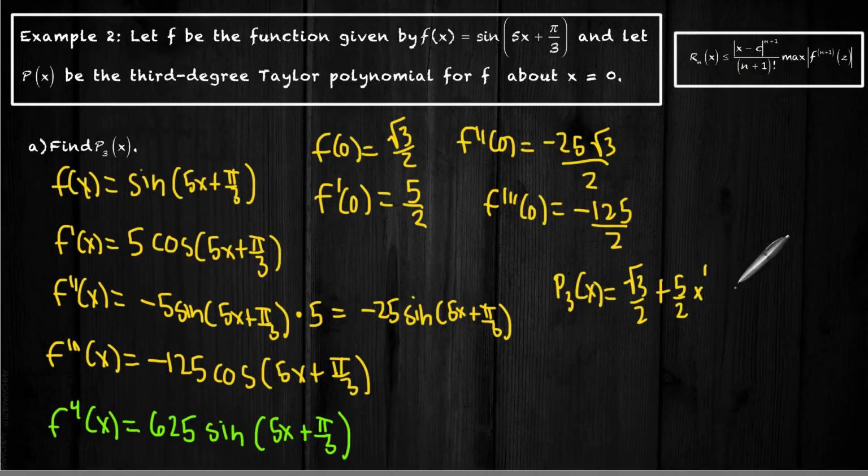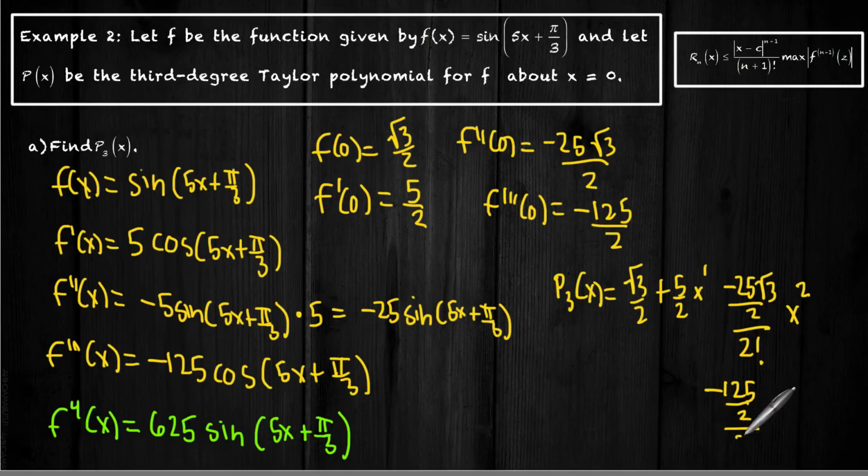And then we'll have our second derivative, which is going to be negative 25 square root of 3 over 2 factorial times x squared, because this is centered at 0. And then our third term is going to be negative 125 over 2 divided by 3 factorial times x cubed. And that is our third degree Taylor polynomial.